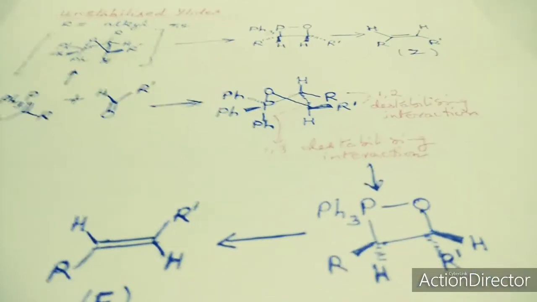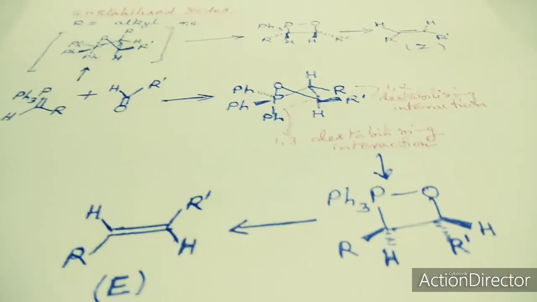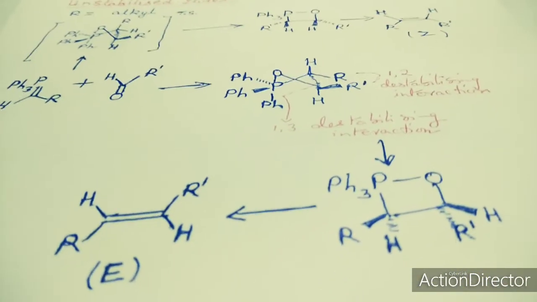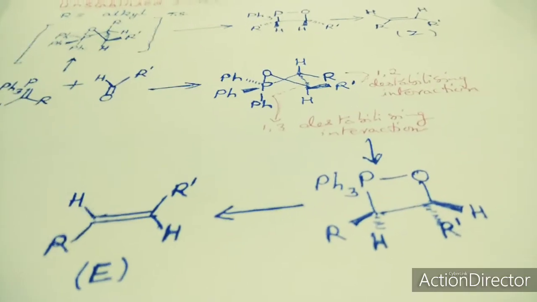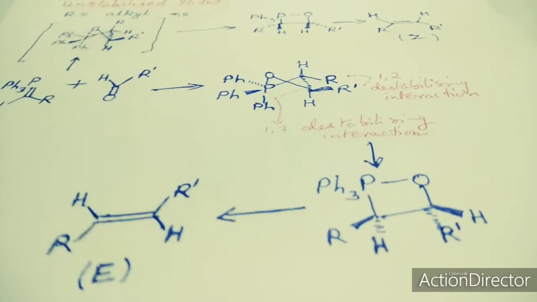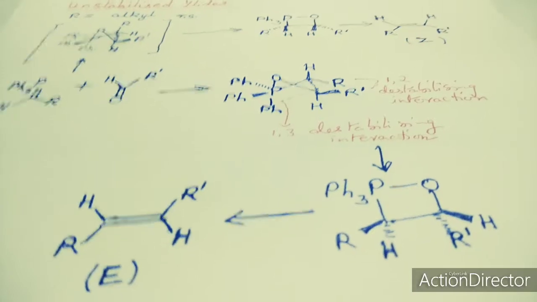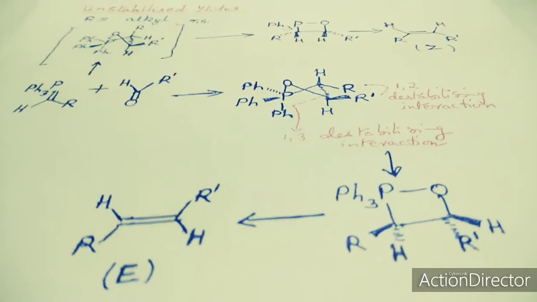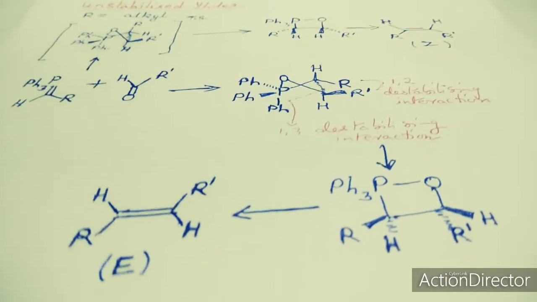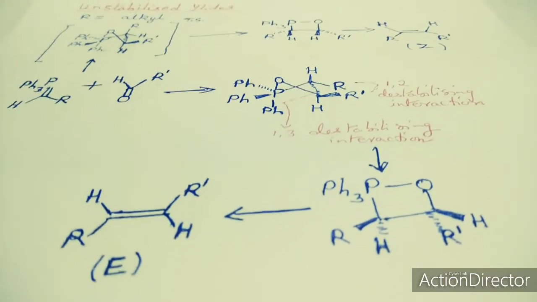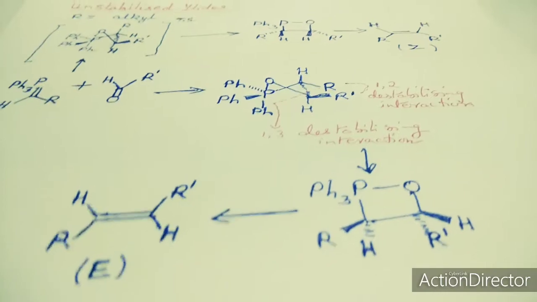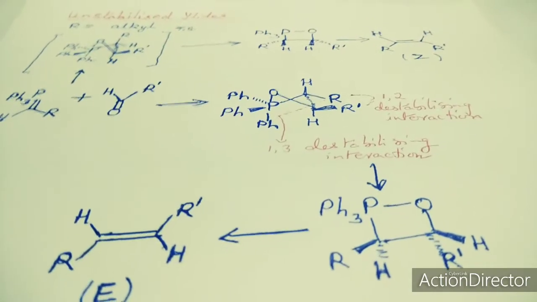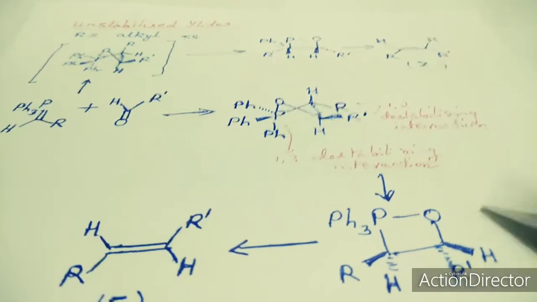So in this case, this will be the structure which will be formed, and when this Ph3P double bond O is pulled, oxygen leaves away and an alkene is generated. As we can see, the alkene which will be formed will be the trans form because R and R dash are on opposite sides, as could be seen also by its transition state.